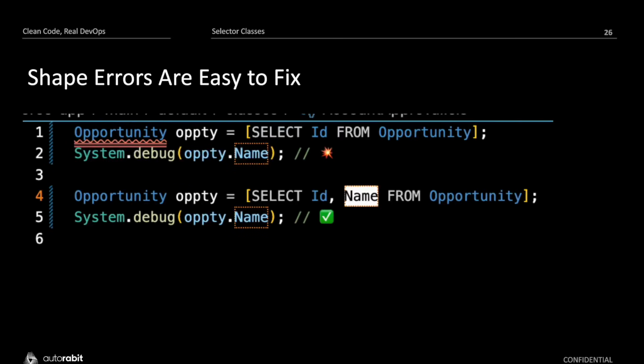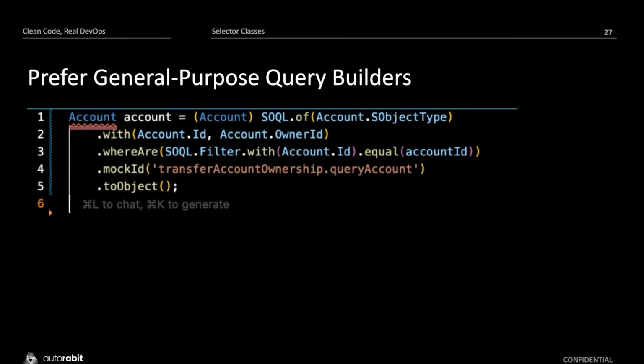So what I propose instead is that we use general purpose query builders. So this is one example of one of the many query builders that exist in the ecosystem. This is not mine, so I have no affiliation to it. But if you really want to have some way to do better SOQL queries, maybe like to mock the database or different things, something that is general purpose is a lot easier to use.